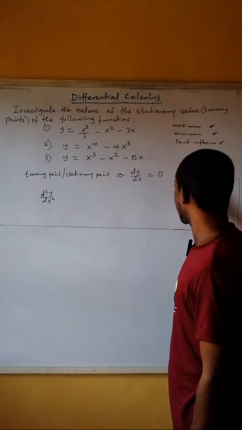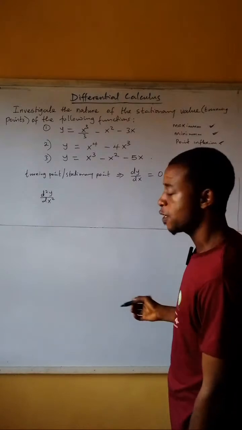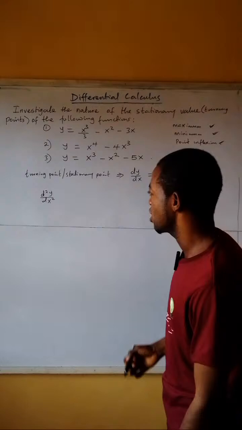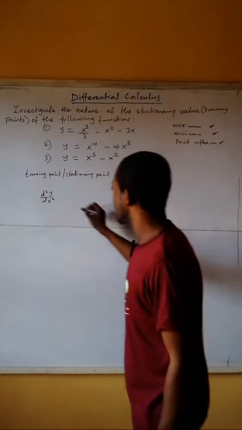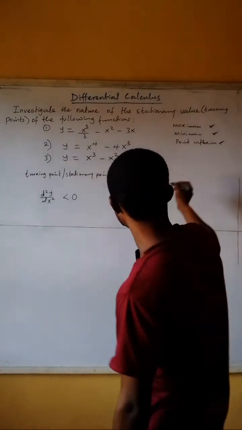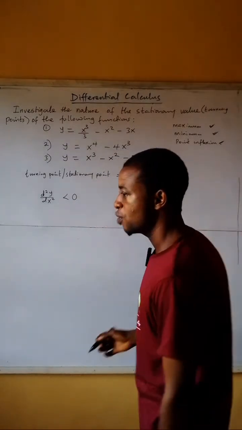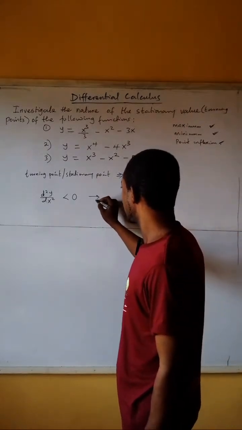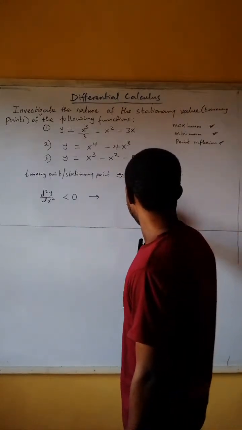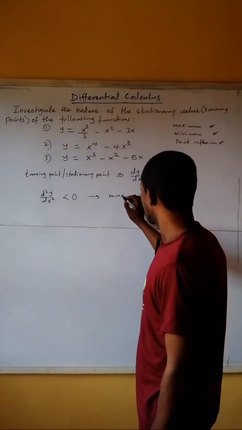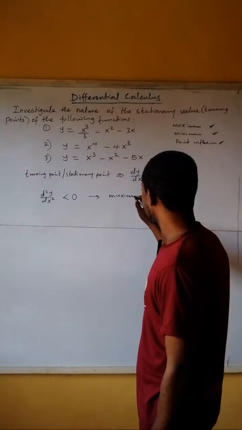So the values of x we have here, we then substitute into the second order derivative. And when the second order derivative is less than 0, after substituting the value of x, which is the turning point, then that point we will know as the maximum point.